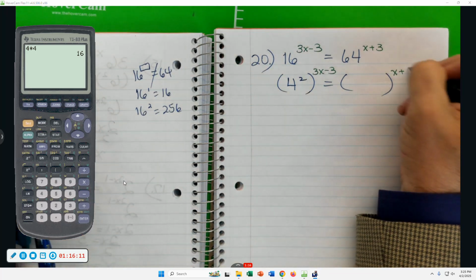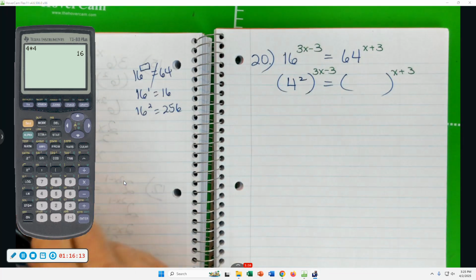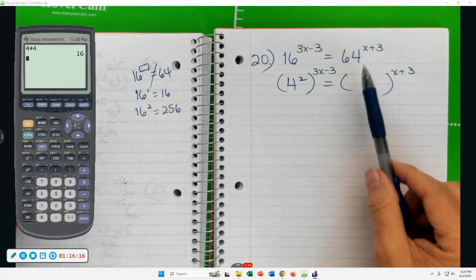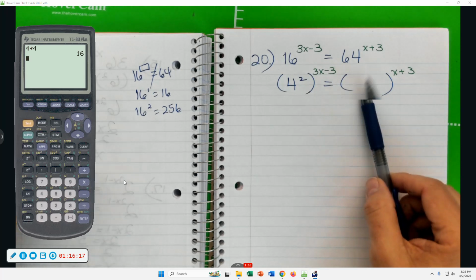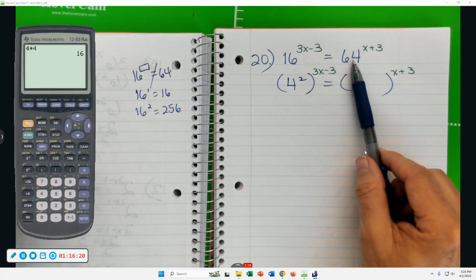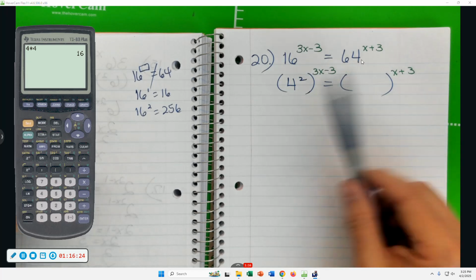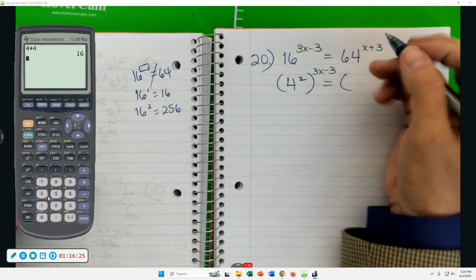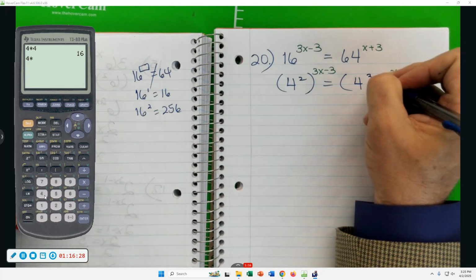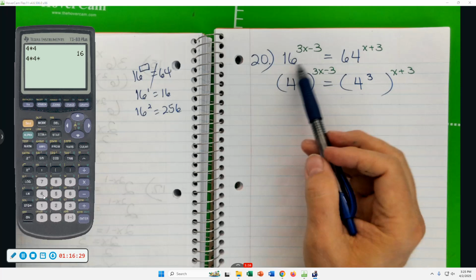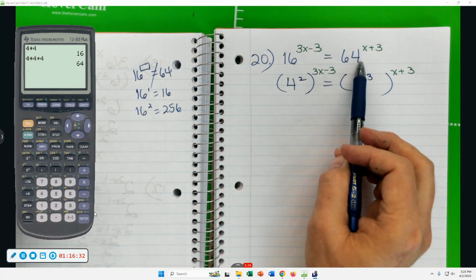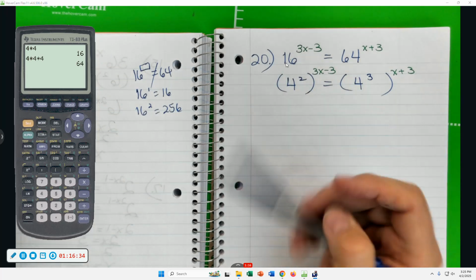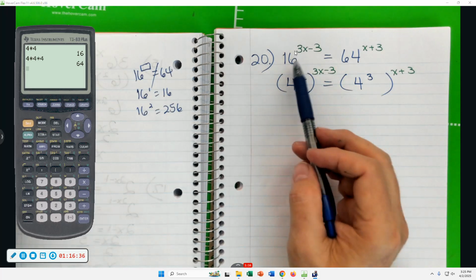Maybe we need a cube root of 64 or something. What could 4 cubed gives me? 64. Sometimes you have to change both sides, and if that happens, you start with the small base.